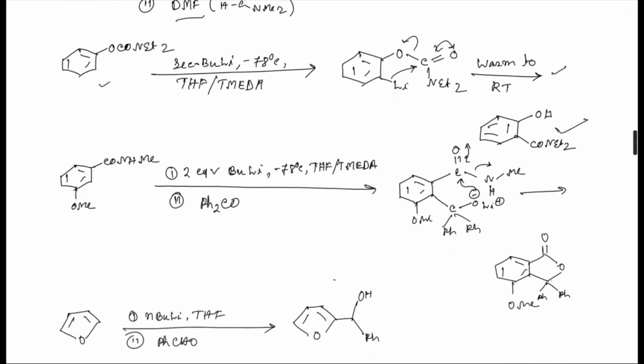Then the next example: here 2 equivalents of butyl lithium are required, as first this proton is quite acidic, so it will be abstracted by 1 equivalent, and the second equivalent will abstract this proton. Then Ph2CO will give this product, which on cyclization gives the final product.